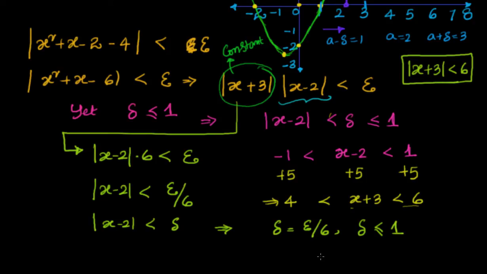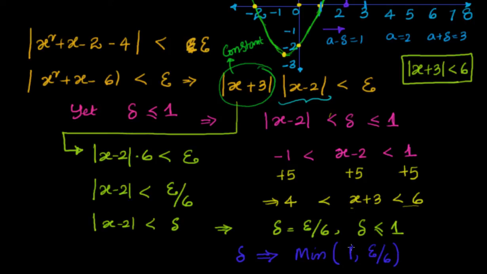Now once we got it, since I have to satisfy both of them, I know delta cannot be more than 1, but delta is also equal to epsilon by 6. So what I will do, I will take both the conditions in one, saying that delta equal to minimum of 1 comma epsilon by 6. What is the meaning of that?